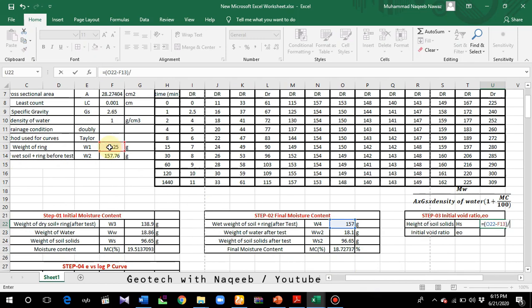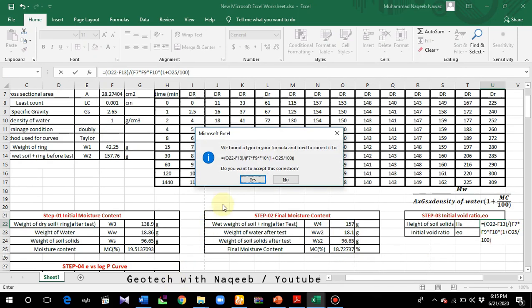Now Mw is clear, divided by, I will select the cross-sectional area, this one, then multiply by Gs, the specific gravity, then multiply with the density of water, 1, then multiply by 1 plus the moisture content, the final moisture content after the test, divided by 100, and the bracket is closed, and we'll select yes.